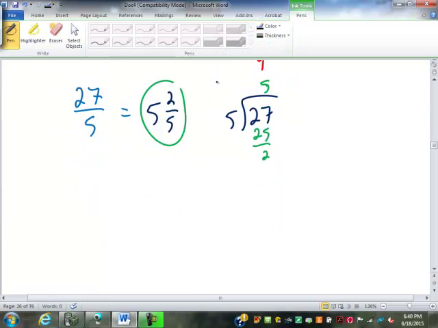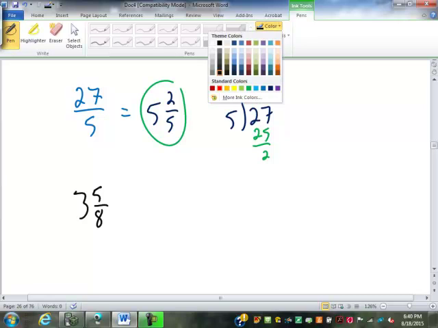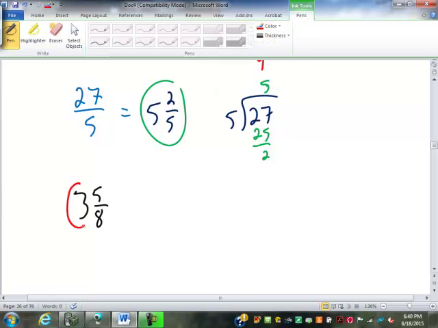We can go the other direction. Sometimes we need to go from a mixed number into an improper fraction. To do that, all we're really doing is taking these 3 whole objects and breaking them into pieces. Well, how many pieces does each of them have? Because this is 8, each of them has 8 pieces.